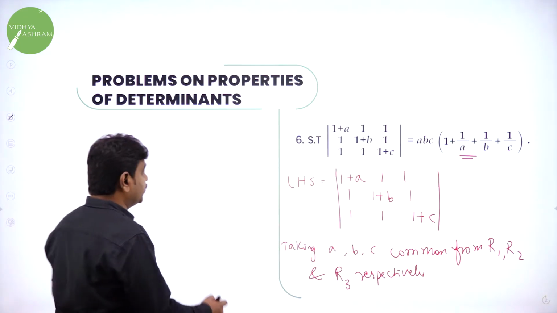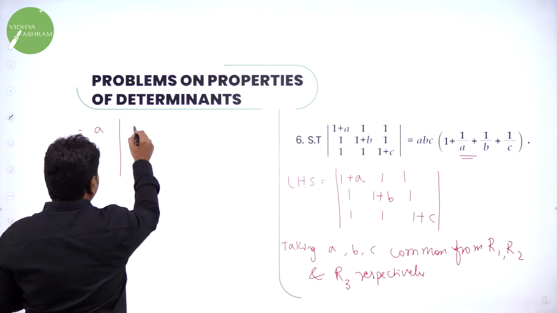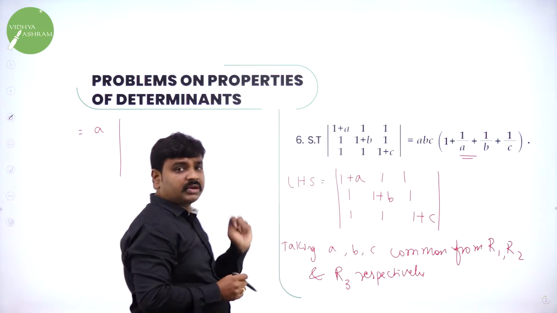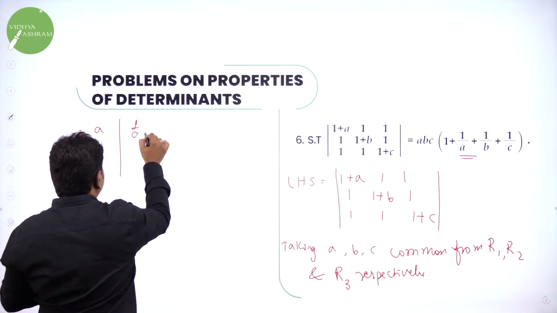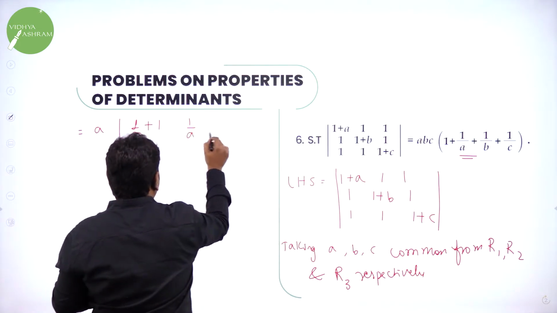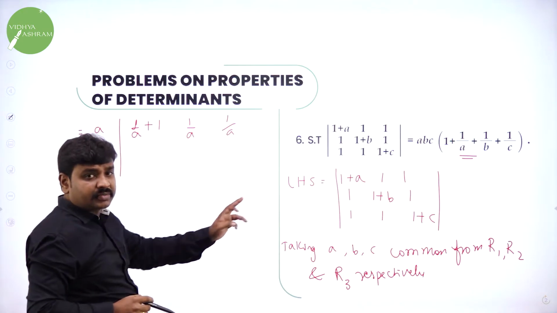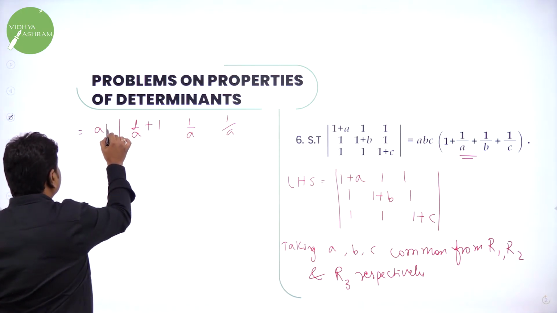If I do that, A, if I take common from the first row, it will become, here we don't have A, so it will become 1 by A plus 1, and this term becomes 1 by A, and this will become 1 by A. Similarly, from the second row I am taking B out.